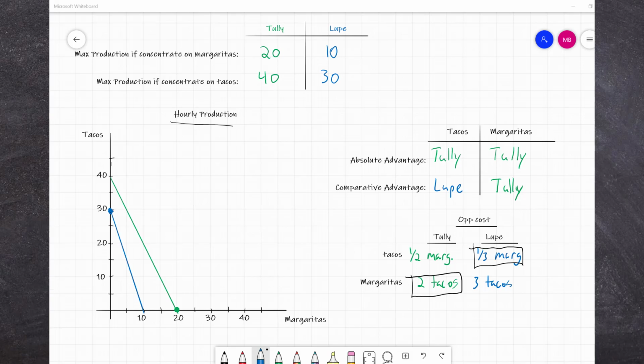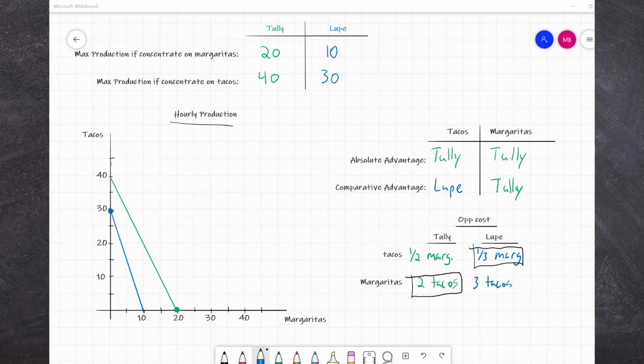Then we can put ourselves in Tully's shoes. The maximum that Tully would give up for a taco is half a margarita, because that's his opportunity cost of a taco. If he had to pay more than half a margarita for one of Lupe's tacos, he may as well just start making tacos himself.